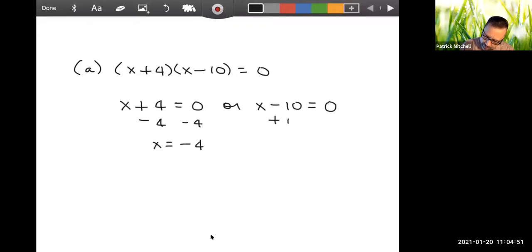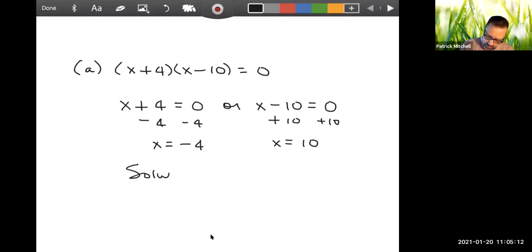And if x minus 10 is 0, that means that x is 10. All right, so this equation has 2 solutions. Quadratic equations usually have 2 solutions, and those solutions are negative 4 and 10.